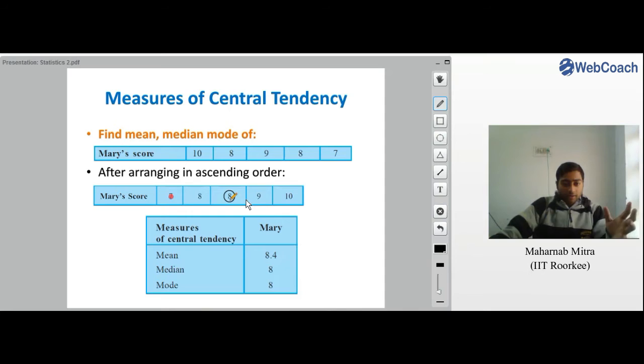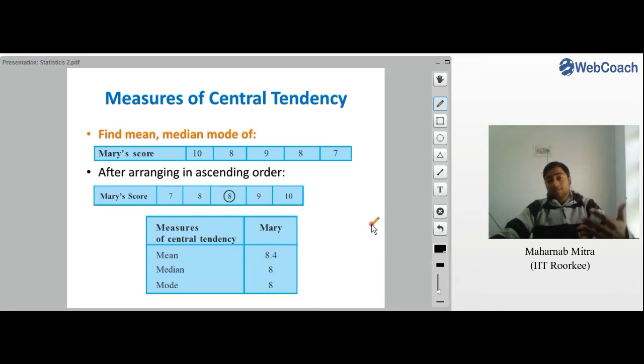Now what is the median? When we have arranged the data in ascending order, the central value, this is the value which occurs at the center or which divides the data into two equal parts. This is the median, or median is 8. And what is the mode?